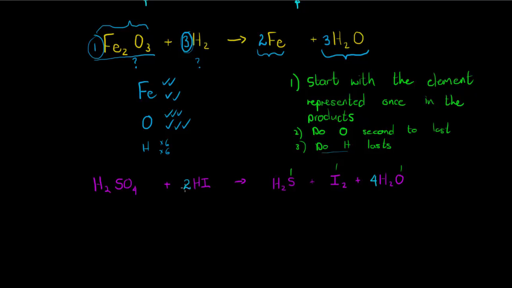Okay, so I've got way more hydrogens on the right hand side than on the left hand side. Now, if I change this one, it will have an effect on the right hand side on here. Okay, if I change this one, it will also have an effect on the right hand side, because if I multiply this one, I'll have more S's.